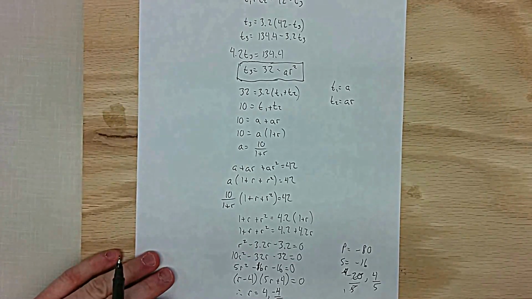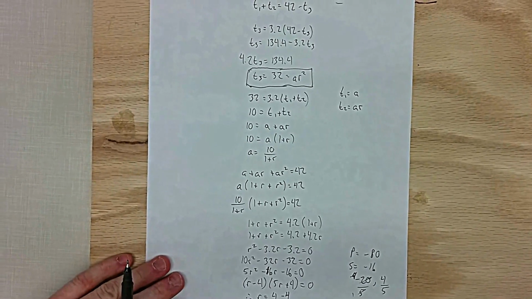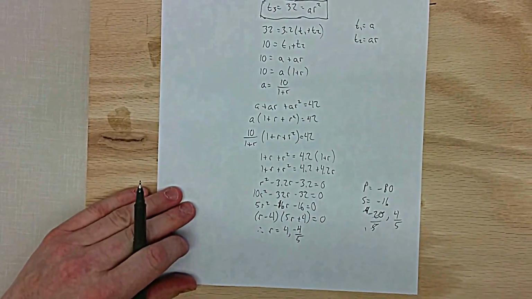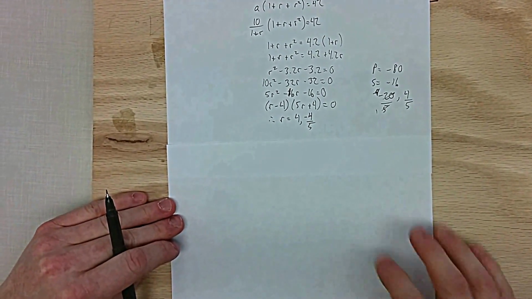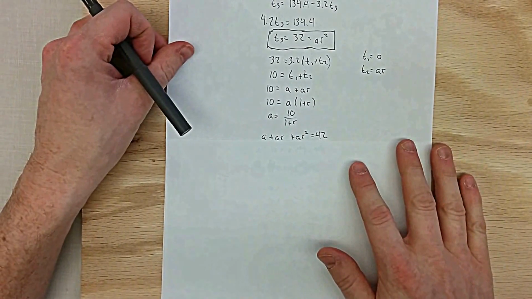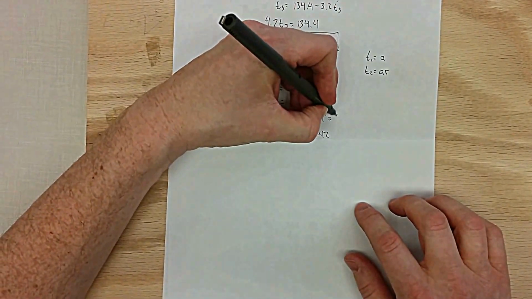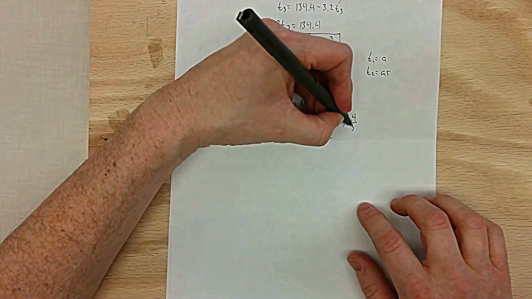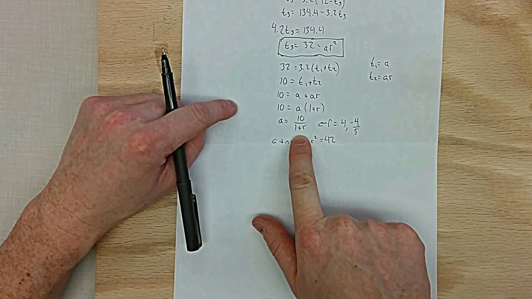So I can see that I'm going to have two answers for this. I don't think I'm going to have quite enough room here, so I'll bring in another page. I have a relationship up here between a and r. So I'm going to sub my values of r equals 4 or negative 4 over 5 in there to get my two different values of a.